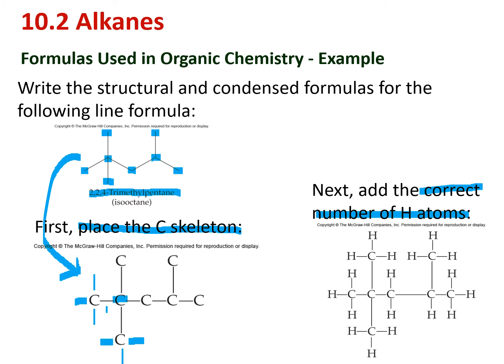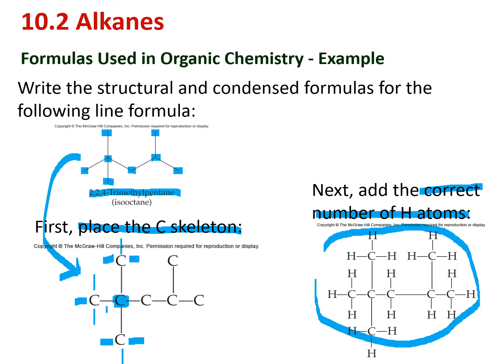This carbon is making 4 bonds already with other 4 carbons, so it will not take any extra hydrogen. 3 bonds for this one, and similar case, just to fill up the complete number of 4 carbon bonds, we will have to add up the hydrogens, and we get a structural formula, something like this at the end.